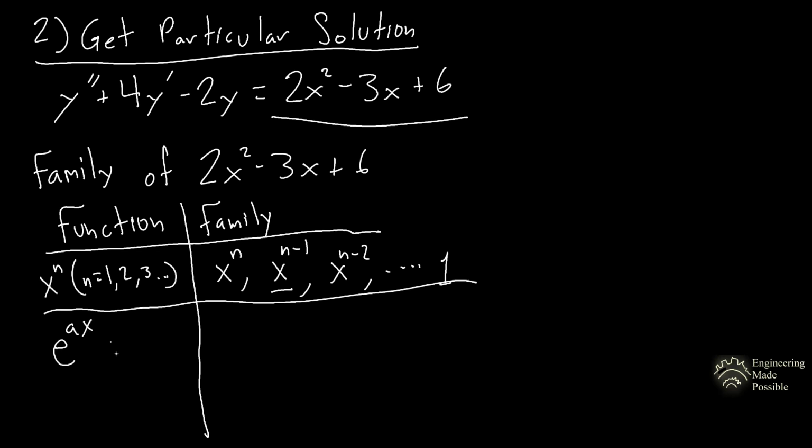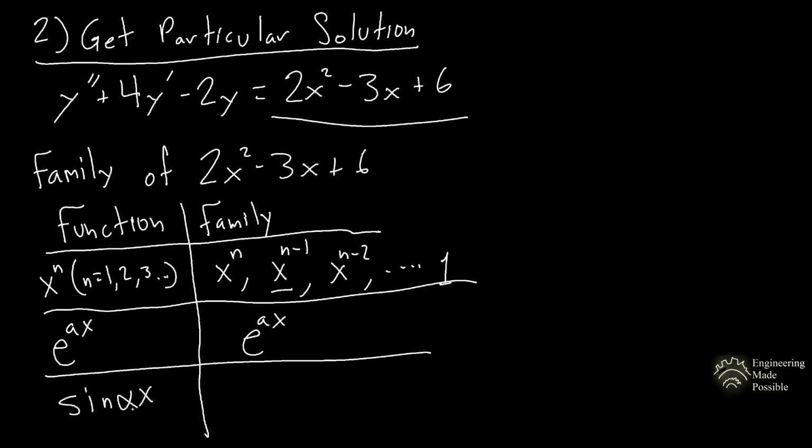So let's say for our next function, we have e to the power ax. Well, if you keep on getting the derivatives, you would always get e to the power of ax. Of course, the coefficients would be changing, but it would still be a multiple of that. So the only family for the function e to the power of ax is itself, right?